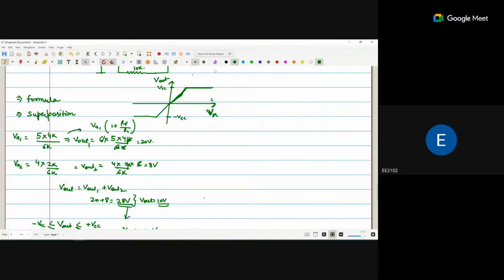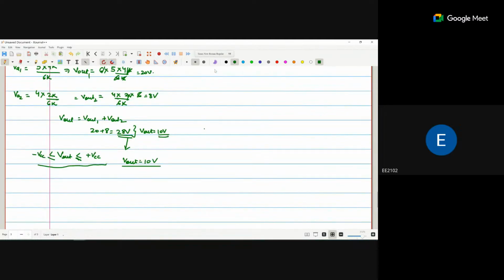So if the plus VCC and minus VCC are mentioned in a question or shown in the figure, your output voltage never goes beyond that point. You may get 40 volts as V out, but your actual V out is 10 volts. Why? Because after 10 volts it will be saturated.